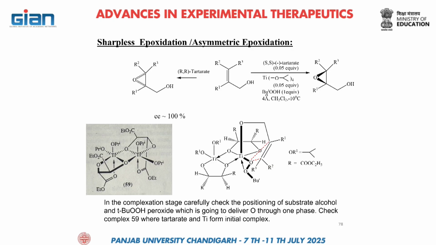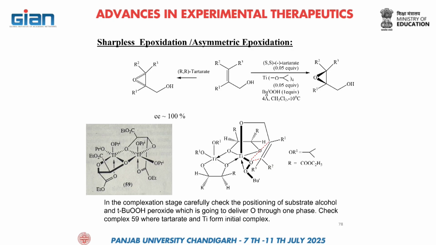Now you have to do the epoxidation. What is epoxidation? You have to attach oxygen across the carbon-carbon double bond, but you have one query: the carbon-carbon double bond is planar. So how should the oxygen go? In a normal reaction, it can go above the plane and below the plane, but you want to achieve 100% enantioselectivity. So what did you do?